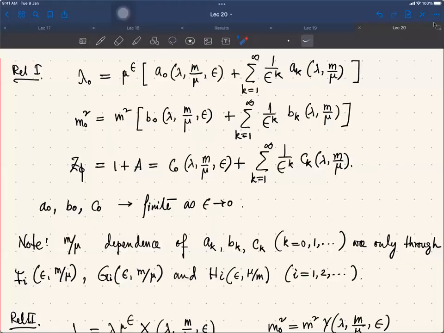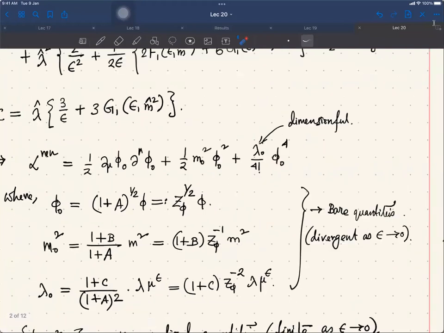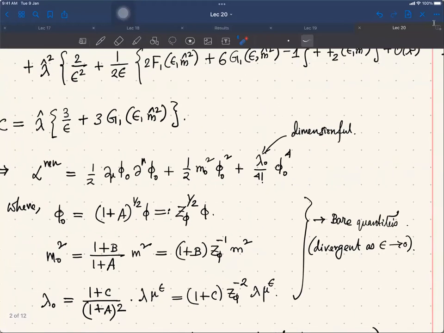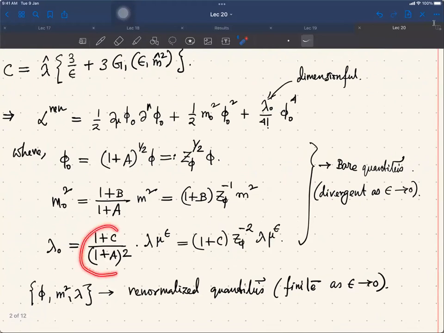Let us now look at the structure of the definition of lambda 0. Lambda 0 appears in the renormalized Lagrangian, as I pointed out just now, and this is given by (1 plus c) divided by (1 plus a) whole square times lambda mu to the power epsilon.